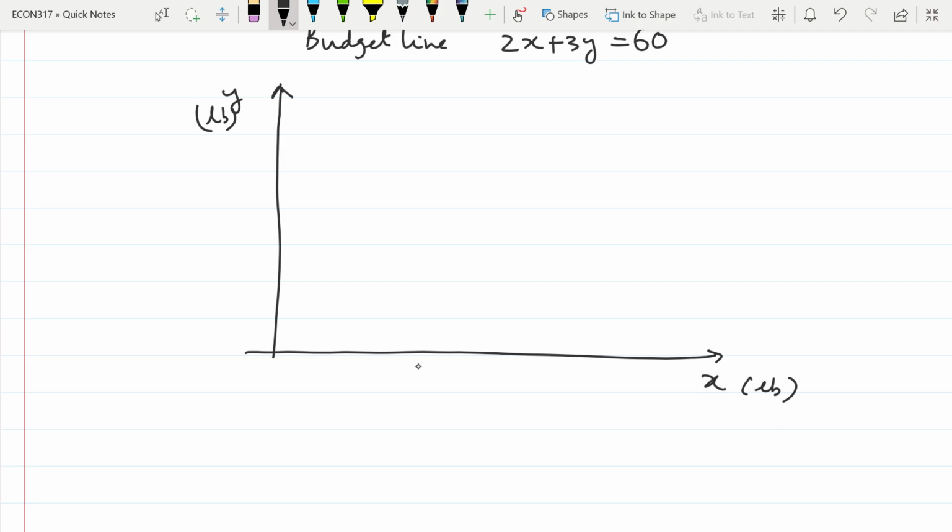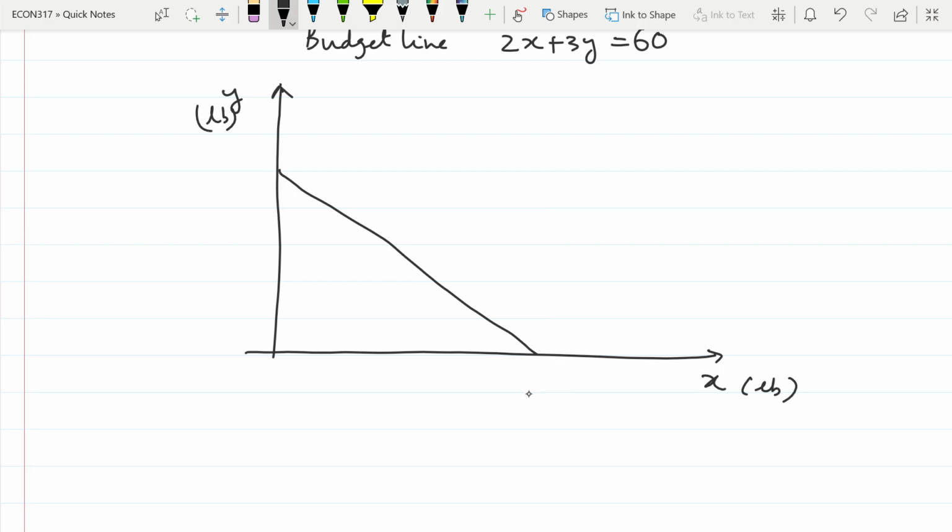So now the way we will draw this budget line is, if I spend all my money buying good X, that is only apple, then $2 is the price, $60 at hand, I know I can buy 30 pounds. So I will first draw the budget line and then label the numbers just to be convenient.